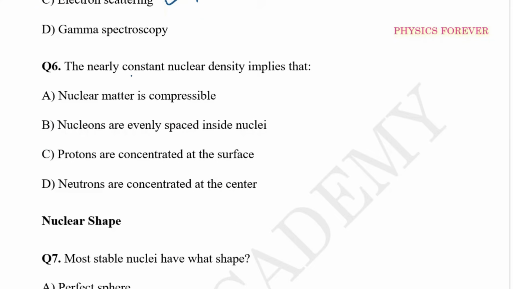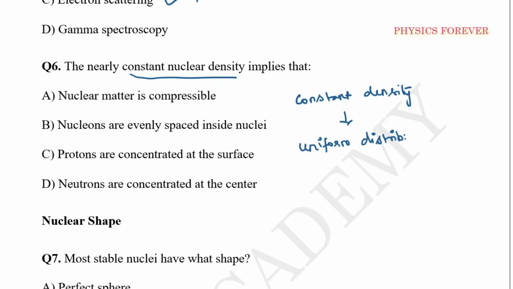The nearly constant nuclear density implies constant density, so it should be uniformly distributed inside the nucleus. Which option is correct here?